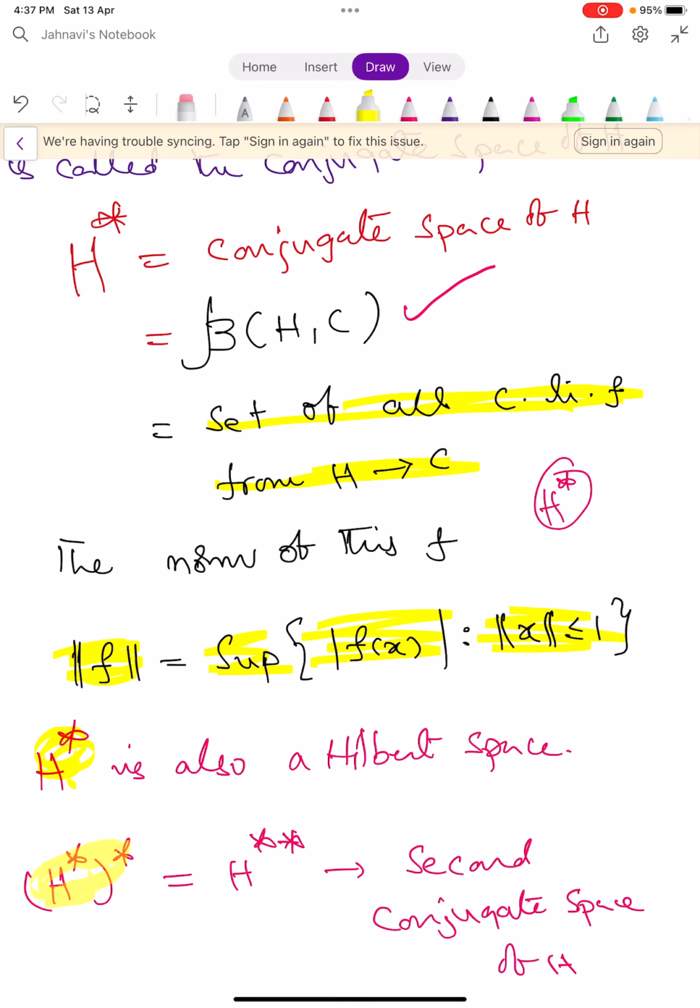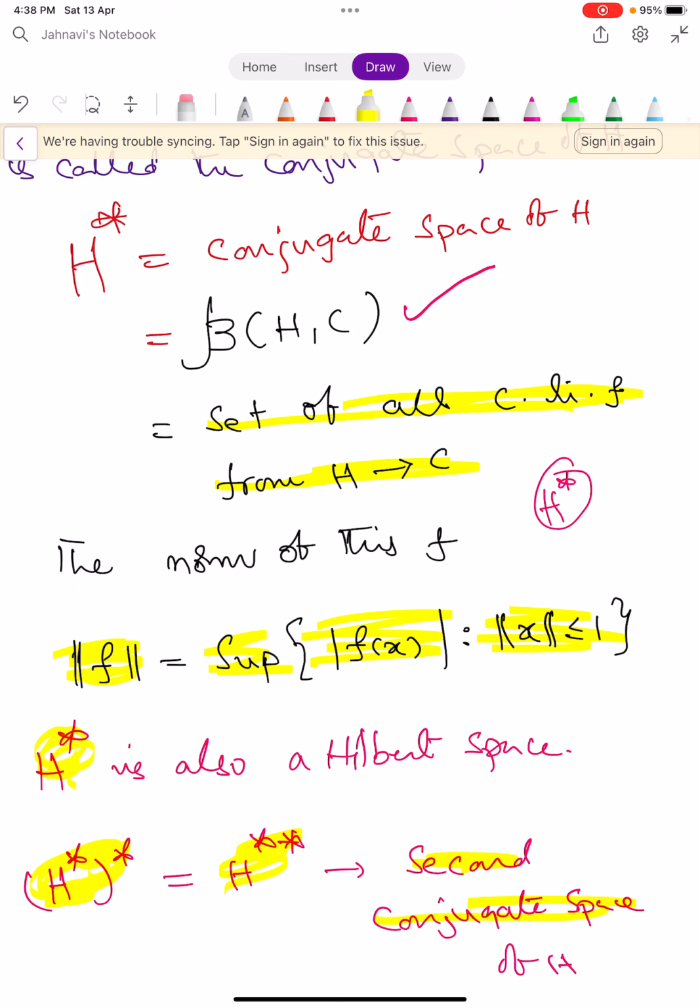Further, H star power star is nothing but H double star, known as the second conjugate space. Remember that there is a natural correspondence between H and H star, and this natural correspondence is an isometric isomorphism of H into H double star.